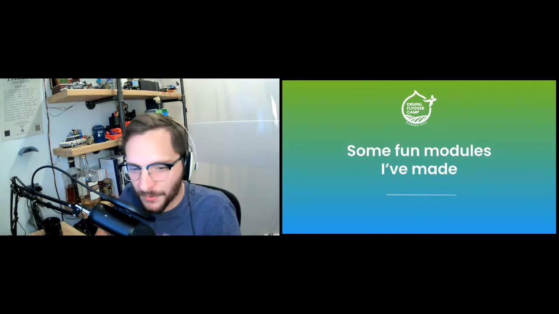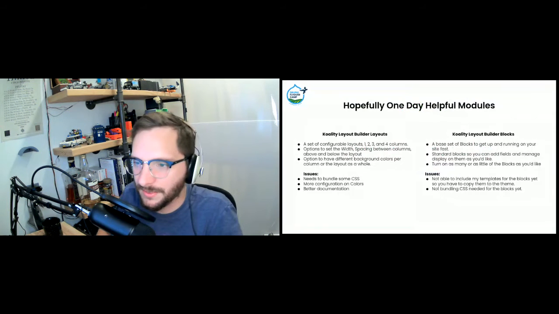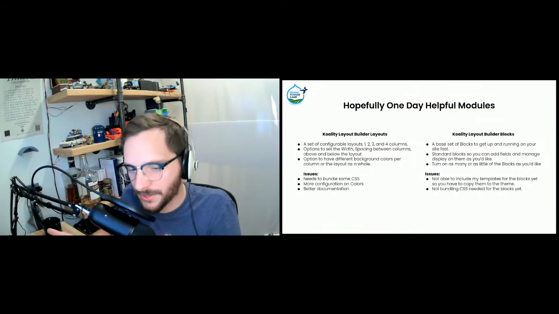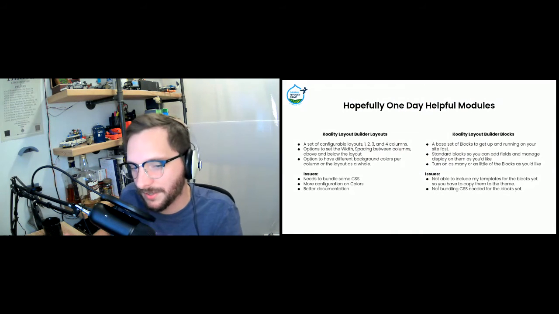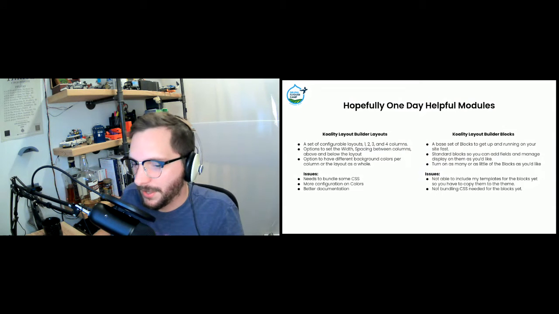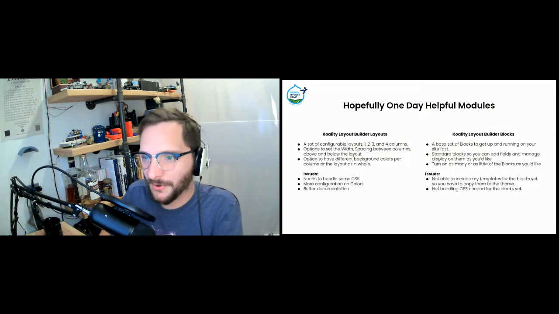I was really hoping I would, but I did not. Because it turns out I have a job that I have to do work for too. So these are hopefully helpful modules one day. And they're all prefixed with the word quality, specifically because our CEO hates the word quality because we're code koalas. So he hates it. So now I have to name everything quality.